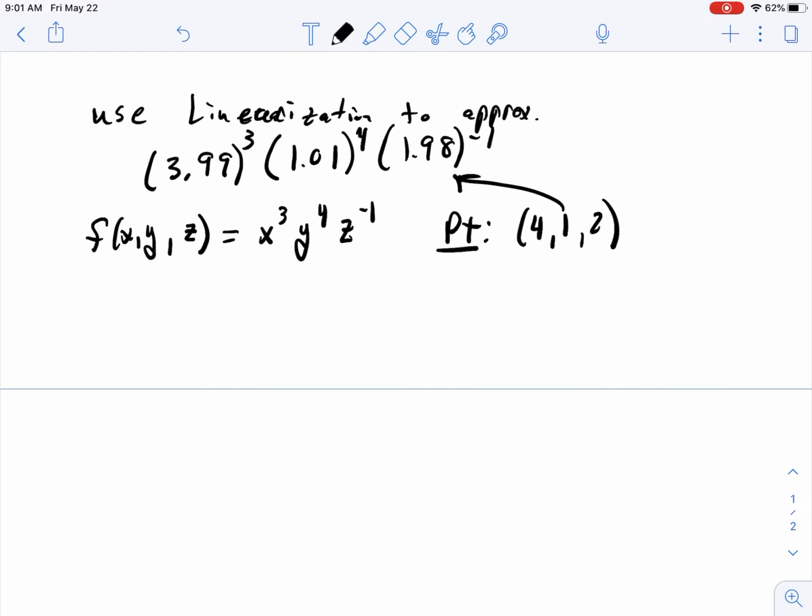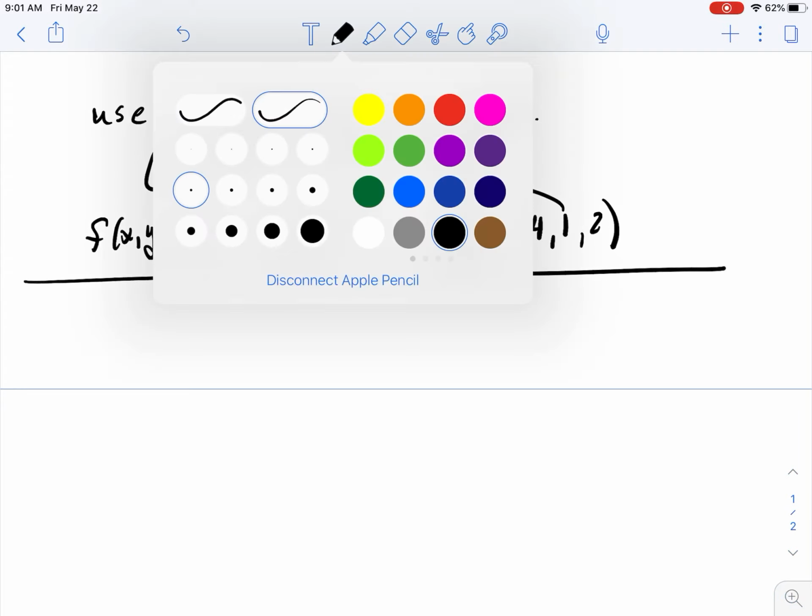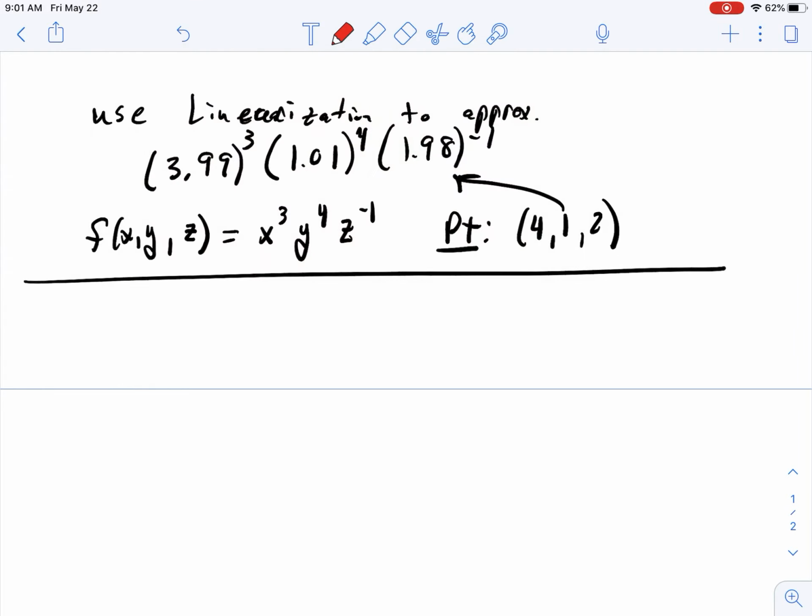So I've got to do the partials of 3 different things here. My partial with respect to x of x, y, z would be just 3x squared, y to the fourth, z to the negative 1.